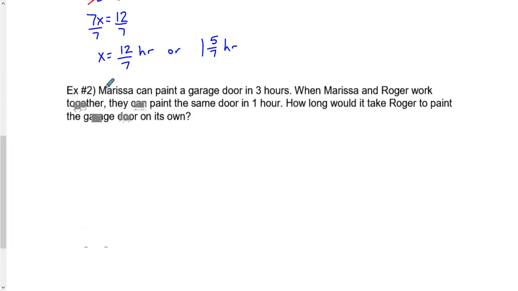So first thing is we know that Marissa can paint in 3 hours. So in 1 hour, she will have painted 1/3 of the entire door. What we don't know is how much Roger would actually be painting.